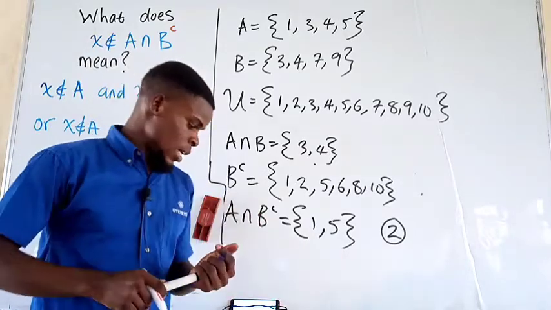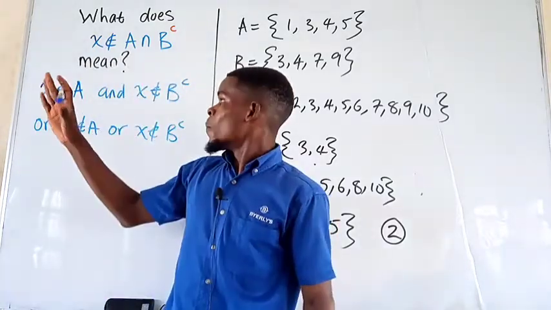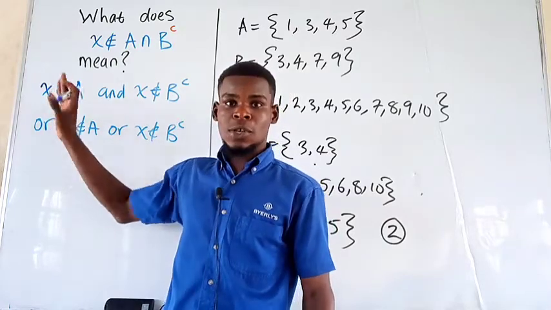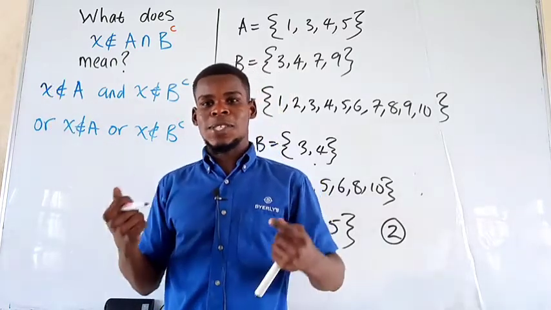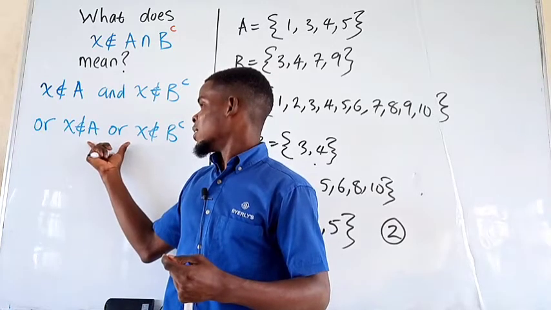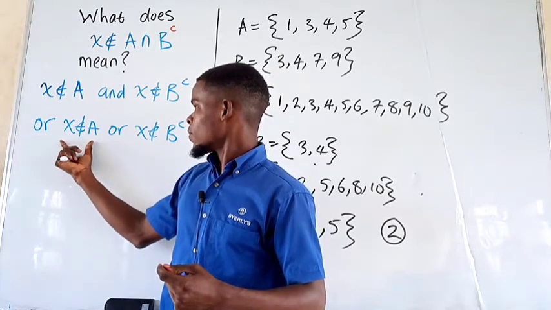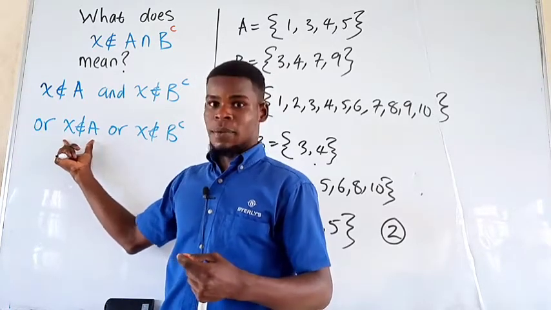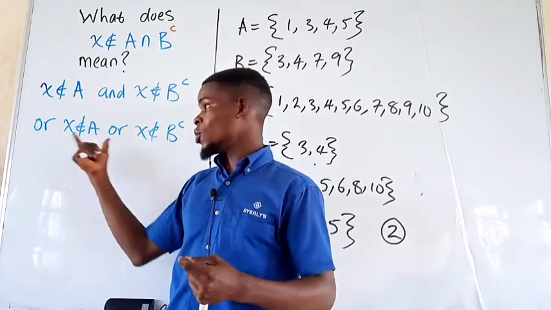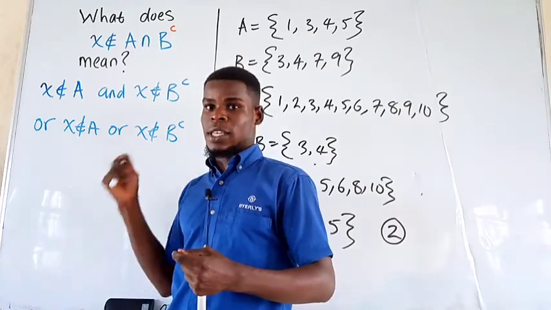So it is possible that the element does not belong to any of them, and it's also possible that the element is in one of them. It is not in this one, or it is not in this one.